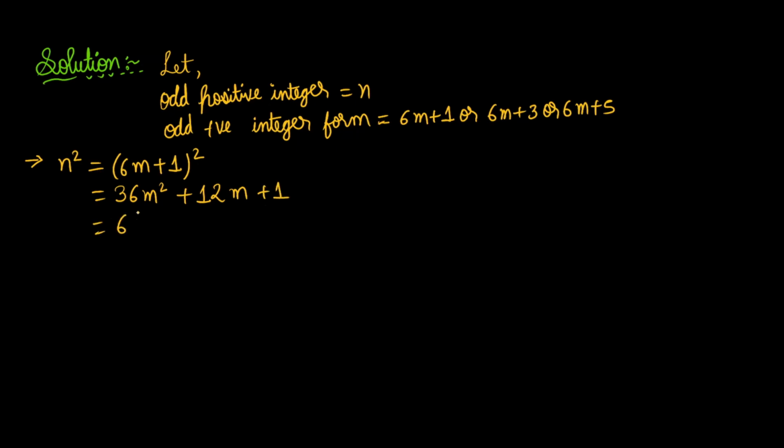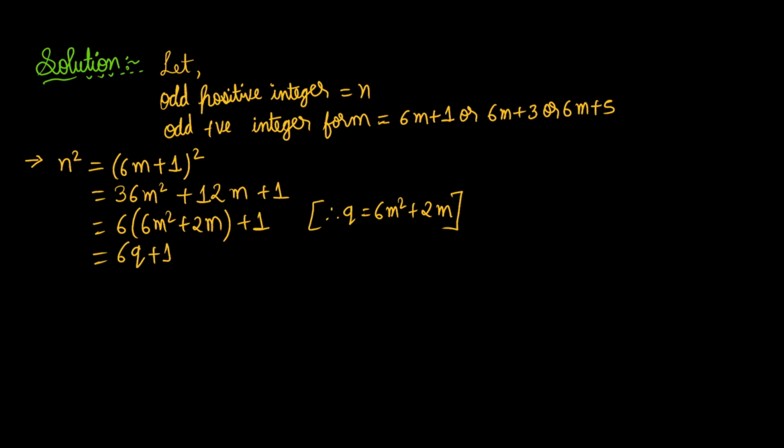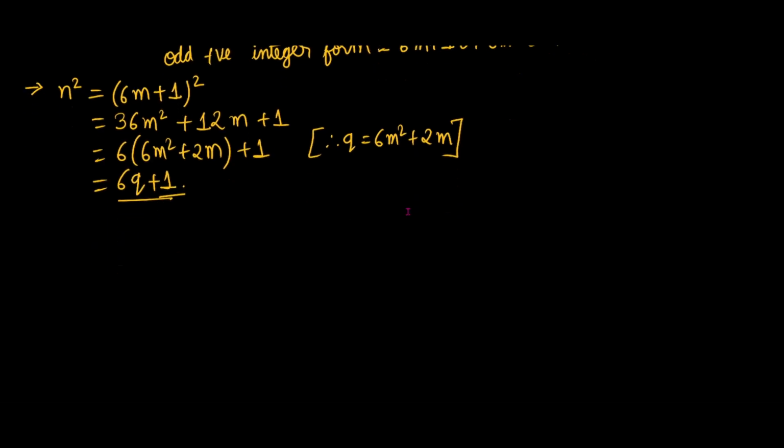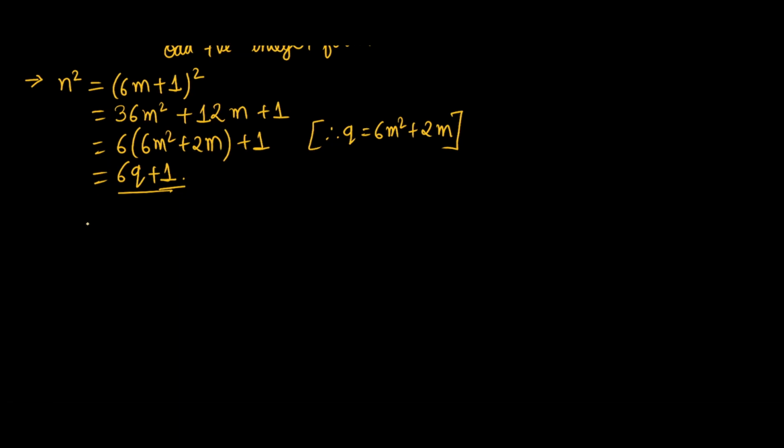So we will take common, so 6m square plus 2m plus 1. So we will get q is equal to 6m square plus 2m. So we can write 6q plus 1. So it is given in the question 6q plus 1 and 6q plus 3. We need only that form.